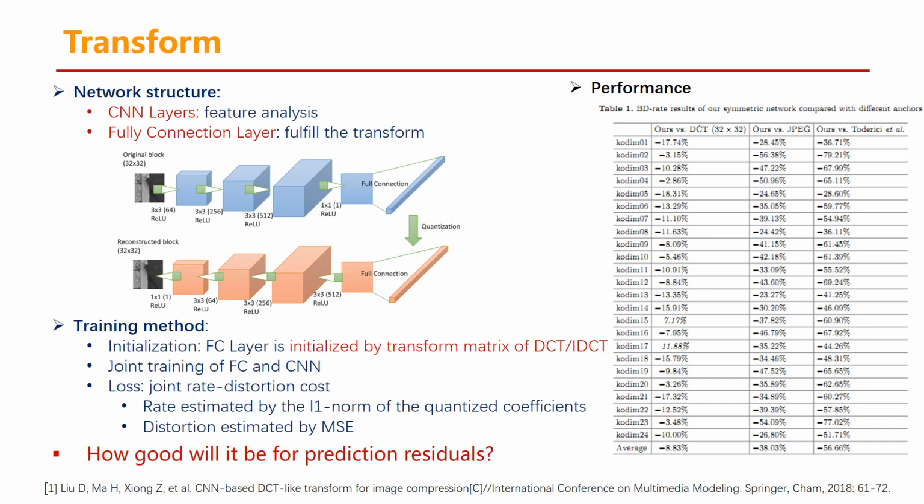And the CNN and the fully connected layer are jointly trained. Quite good coding performance is demonstrated compared to DCT and the coding method of JPEG. An interesting question is whether it is still good for prediction residues. I expect further study on this topic.